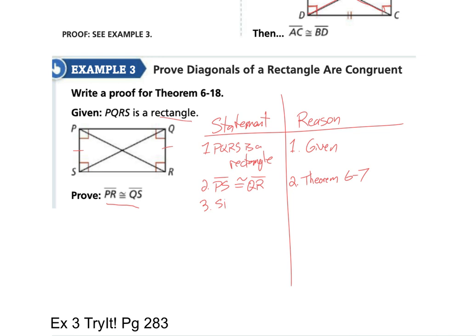Now I'm going to say that SR is congruent to SR, and that is the reflexive property of congruence. Now we have 2 sides being congruent. We need the angle in between them. So for 4, I'm going to say angle S is congruent to angle R. I'm going to use the definition of a rectangle.